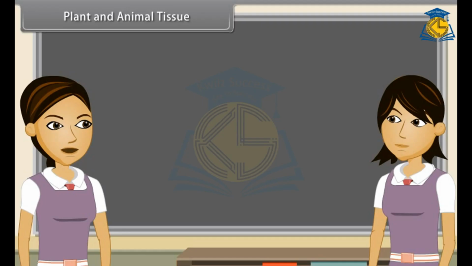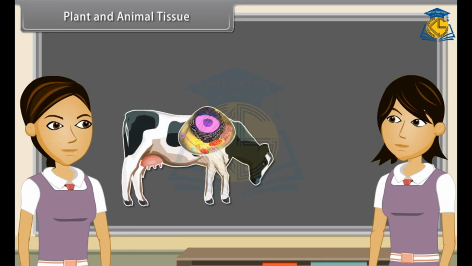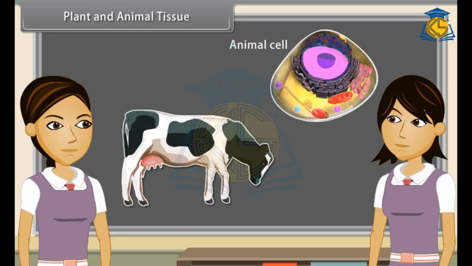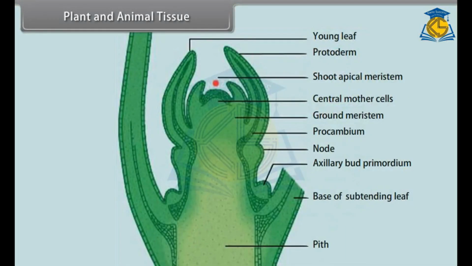Yes, I know that animals are heterotrophic and have to move around in search of food, mate and shelter. So they need more energy in comparison of plants. That is why most of the tissue in animals are living. One more big difference between plants and animals is pattern of growth.